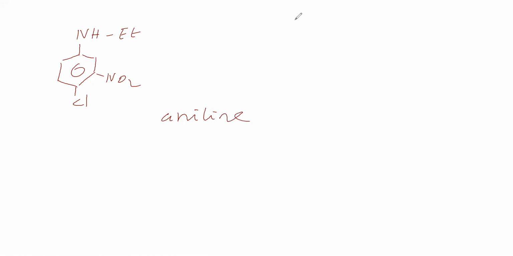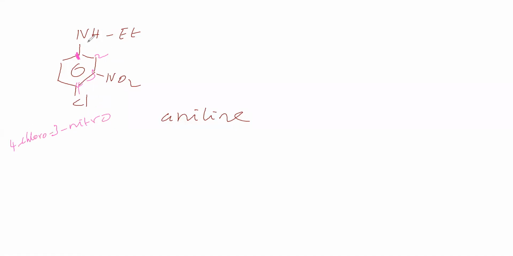Then how to give the numbering? This carbon has the functional group, so number 1, this carbon 2, this is 3, it is 4. The nitro group is present at the third carbon, so we say 3-nitro. At the fourth carbon chlorine is present, so 4-chloro.